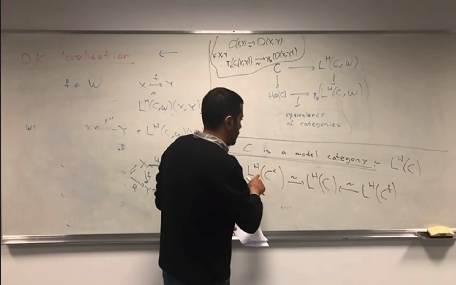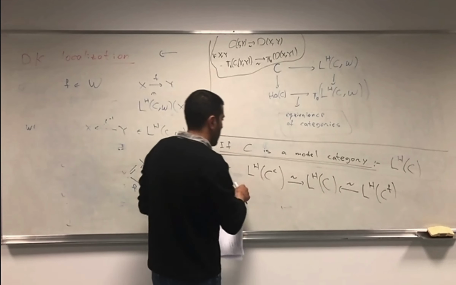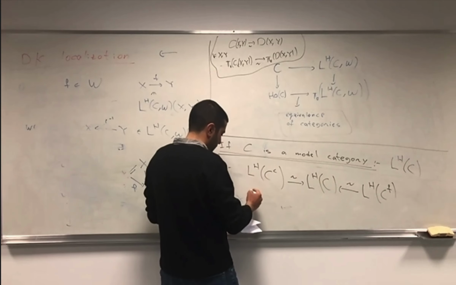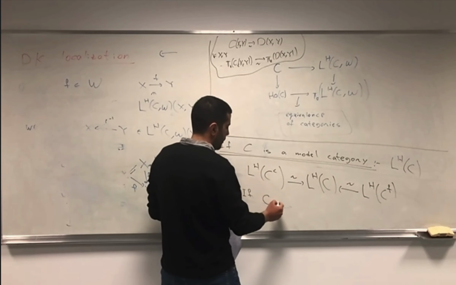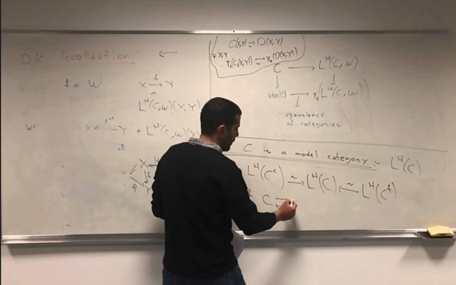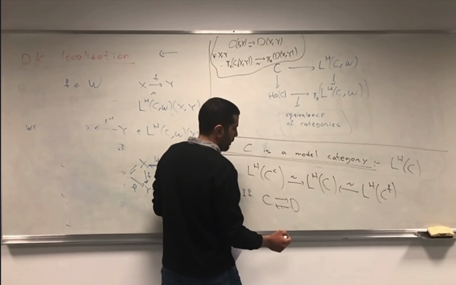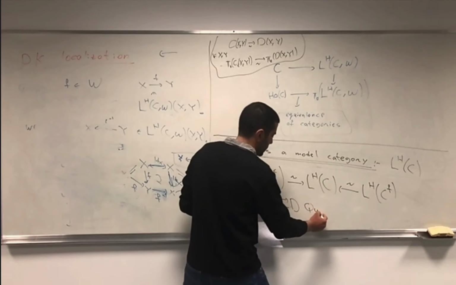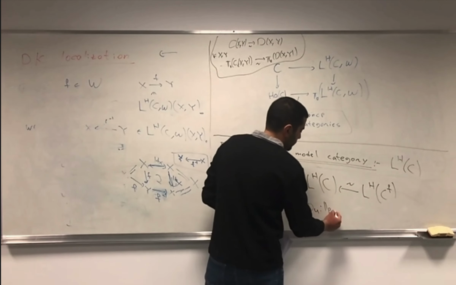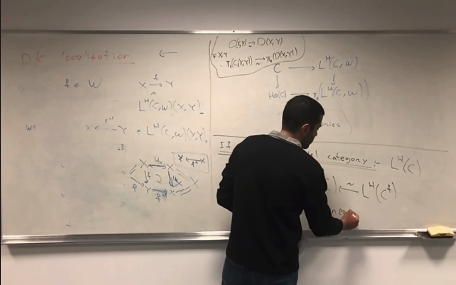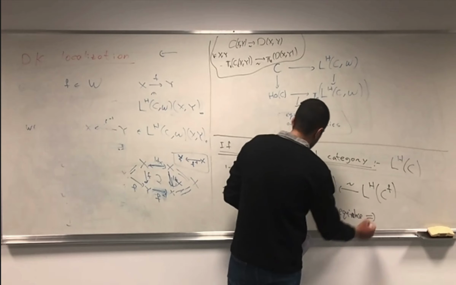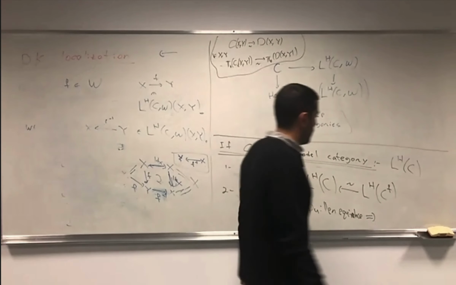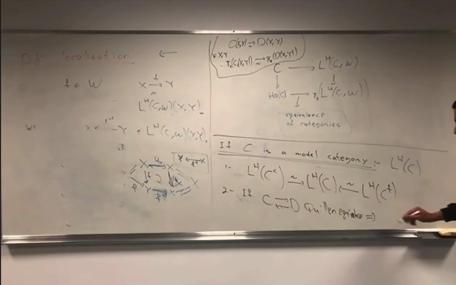Okay, so we have this, and also the other thing: if we have a Quillen equivalence between two model categories, then it gives us a Dwyer-Kan equivalence between these.